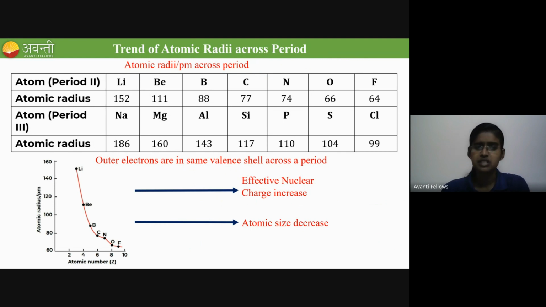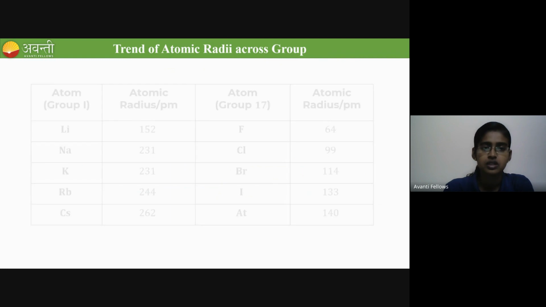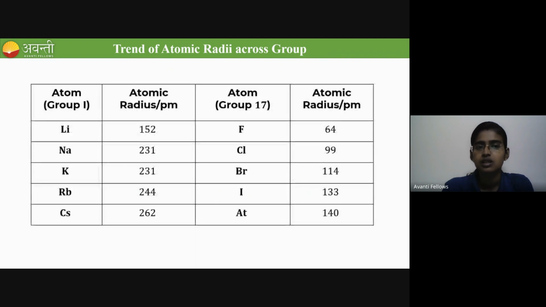The Ramnagar students, is this okay? Yeah. Now coming to the trend of atomic radius, no issues, okay? We will go with the trend of atomic radius across the group. So let me take two groups. The first is group number 1 and the second is group number 17.